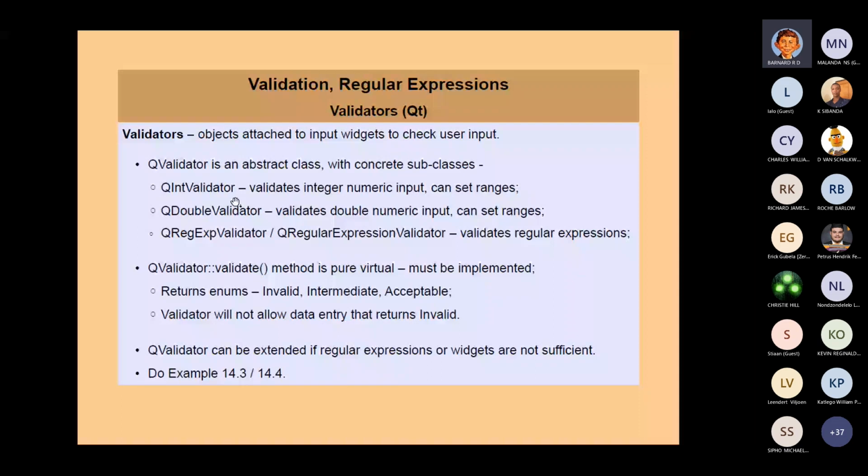QIntValidator, for example, which validates integer numeric input. You can also set ranges on it. There's a QDoubleValidator, which validates double numeric input. You can also set ranges with it. And then QRegExpValidator and QRegularExpressionValidator that validate regular expressions.